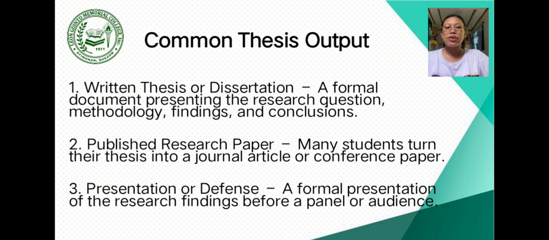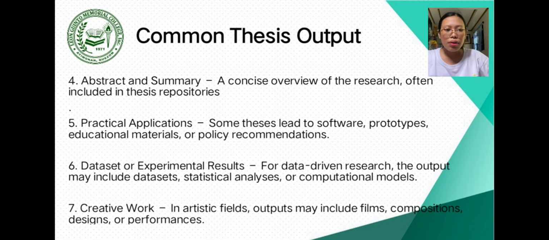In conducting a research, at the end you will present and defend how you did that research. Number 4 is the abstract and summary, a concise overview of the research, often included in thesis repositories. Number 5 is the practical application. Some theses lead to software, prototypes, educational materials, or policy recommendations.